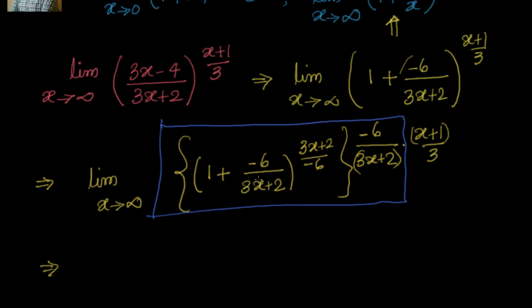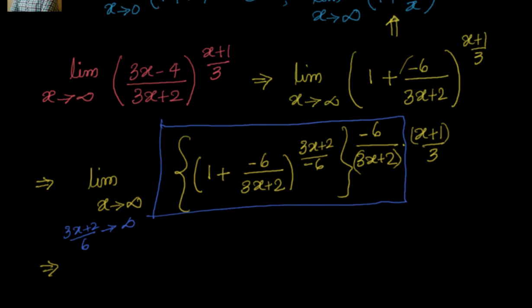Now if you substitute x equal to 3x plus 2 by minus 6, that also tends to infinity. So you can see that 3 into infinity, a very big value, divided by 6 makes it even bigger.